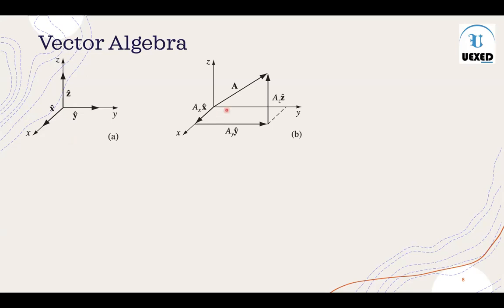Okay, so let's suppose you have any vector A. What that means is it is just in space from the origin. So this should be a combination of the components. In the x-axis, let's suppose the magnitude of this vector is ax. So we can define vector A in the x direction as unit vector x times the magnitude of that particular vector.